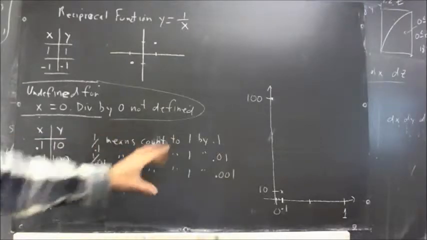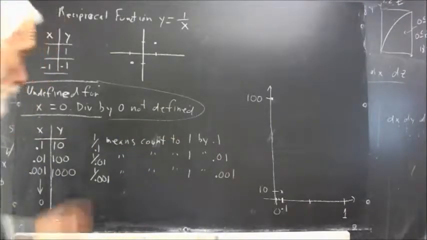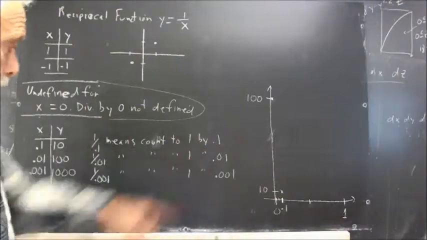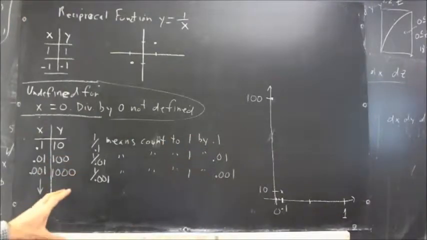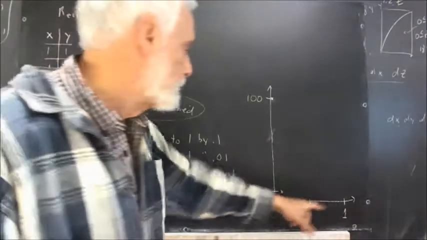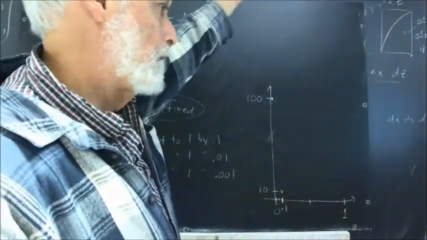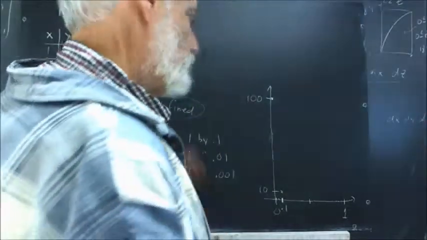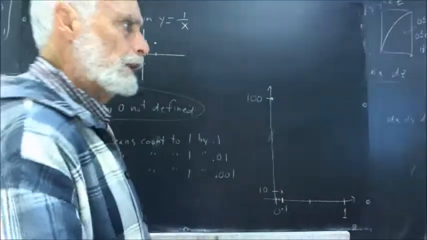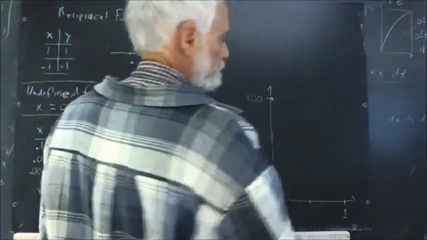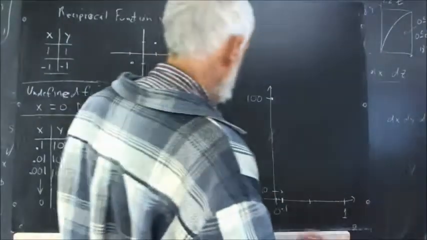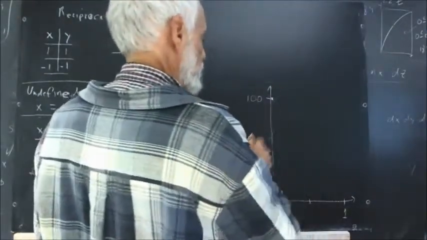But if we think about what it means to divide, think about the whole concept, we see that this graph, as x gets closer and closer to 0, is going to get completely out of control. It's going to go so high, pretty soon we'll be out to the moon, then we'll be out to the next galaxy. Of course, there's a couple stages between the moon and the next galaxy, but you get the idea.